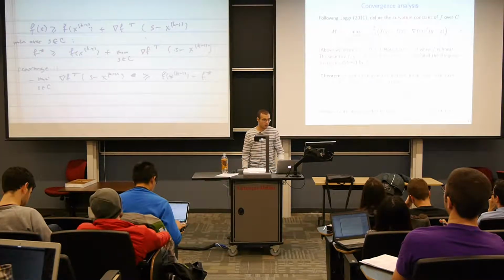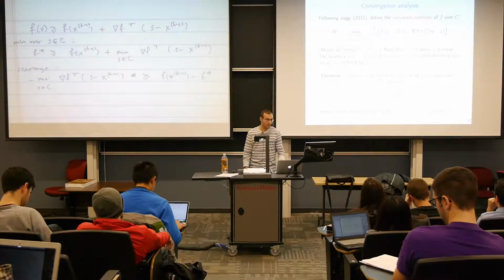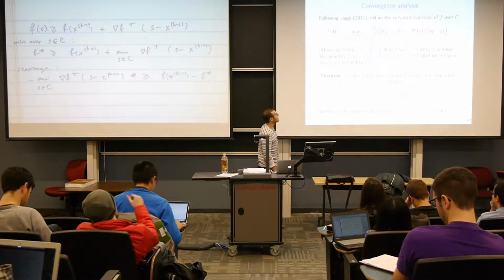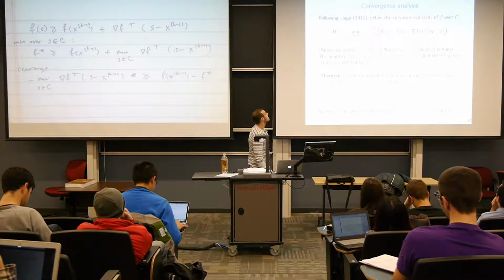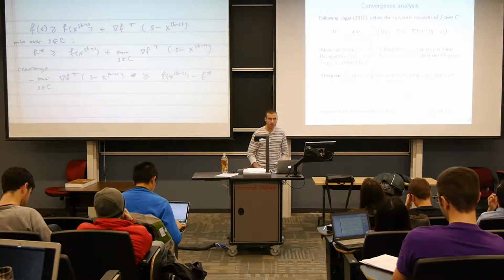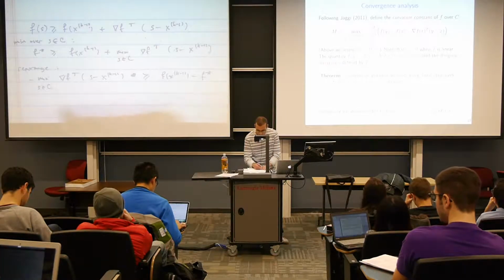So let's break this down a little bit more. What is this m? This m is the difference between f and its linear approximation, essentially over all line segments that lie within my constraint set C. So let's draw ourselves a picture.